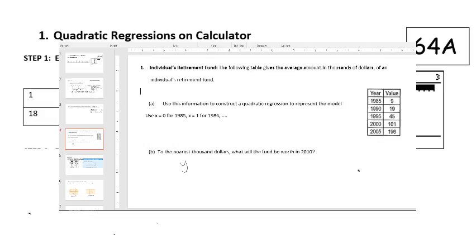From 1985 to 2010, t will be equal to 15 years. So y of 15 is what we are looking for. So we would have the a value and x squared. For x squared, we will put 15 squared, and the b value, and then x, and then the c value. So that's how your equation should look. We can go over this in class as well.